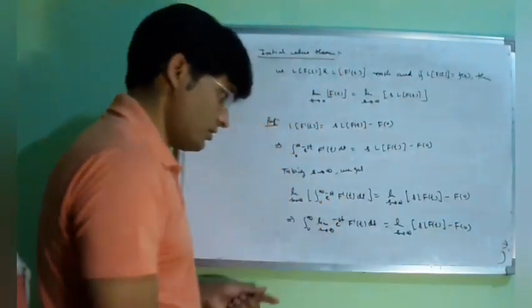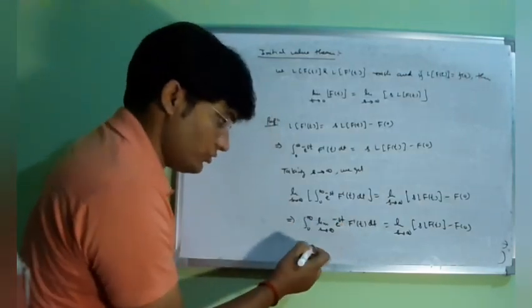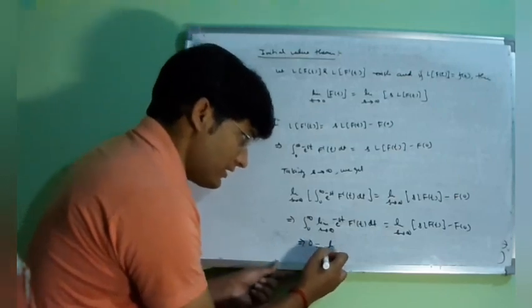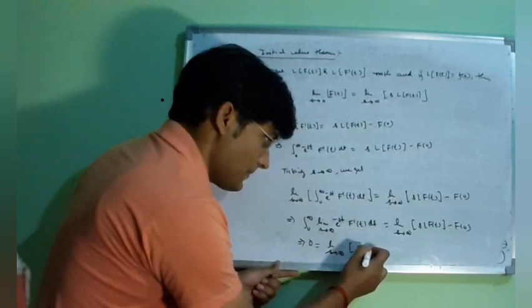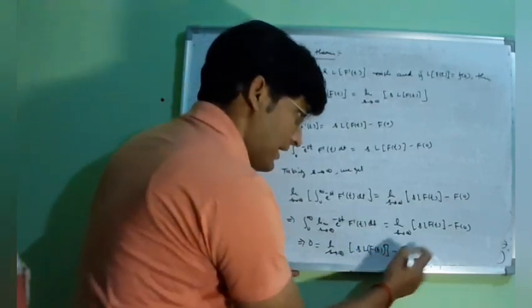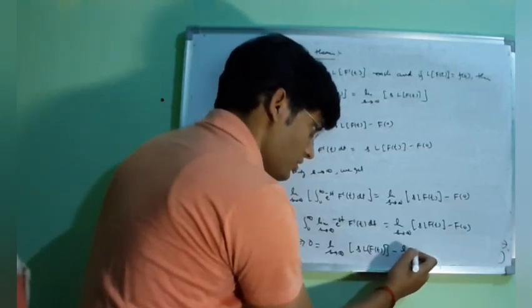So now this e to the power minus infinity will be 0. So in the left hand side we have 0, and in the right hand side we can write it as limit s tends to infinity s Laplace f(t) minus f(0). Now this f(0) can be written as limit t tends to 0 of f(t).